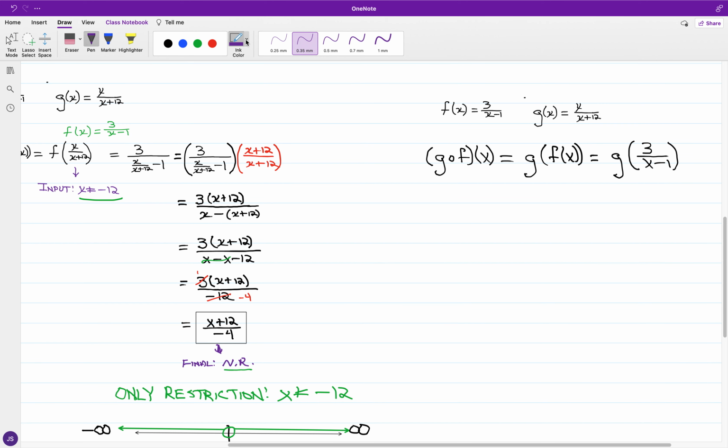And for this input, the restriction will disallow x from being equal to 1. And for what we have in terms of following through, okay.